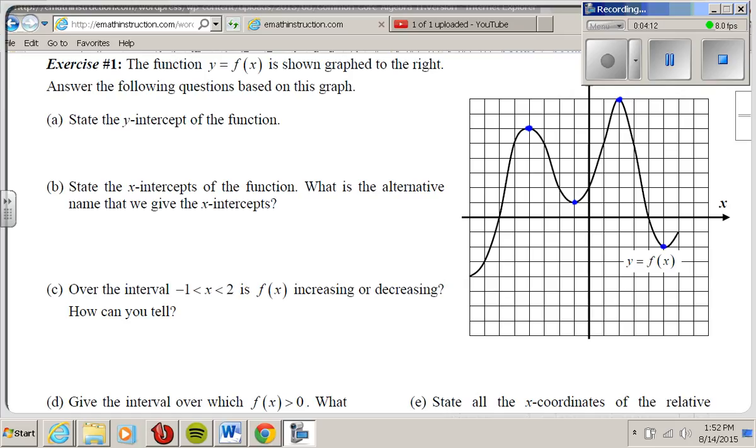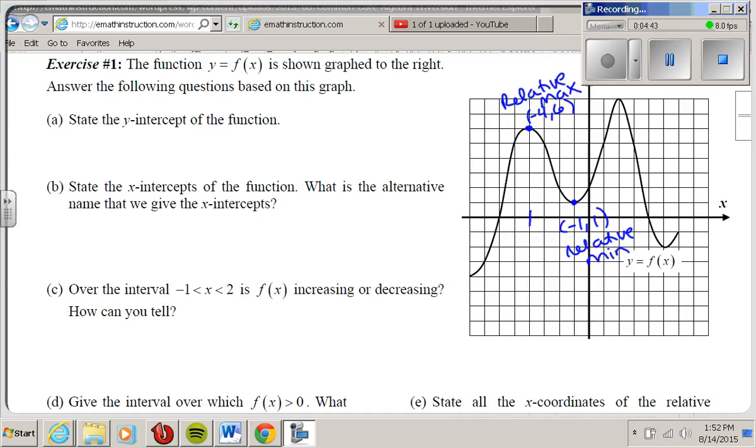So the highest one, I'm going to take that out. The lowest one, I'm going to take that out. Okay, these are your relative maximums and minimums. This is the point negative 4, 6 for my relative max. And this is the point negative 1, 1 for my relative min.